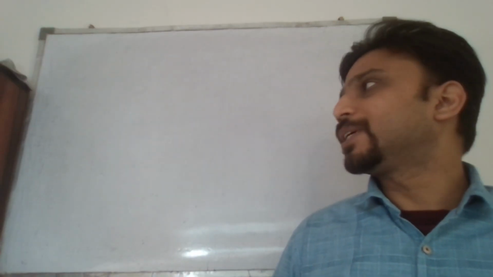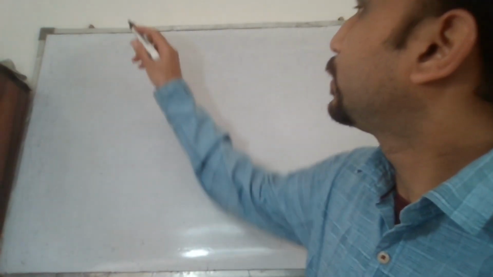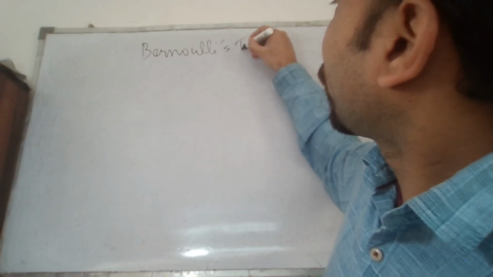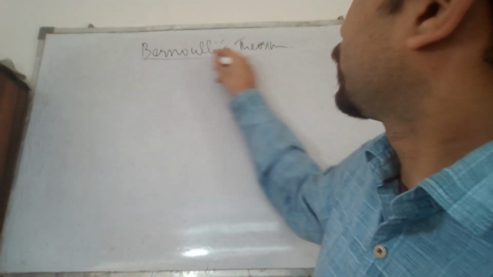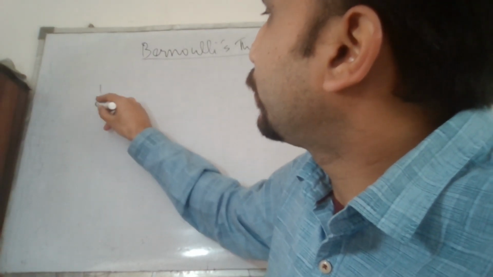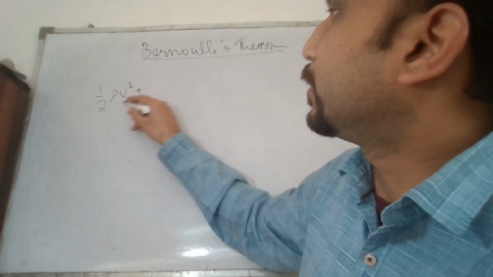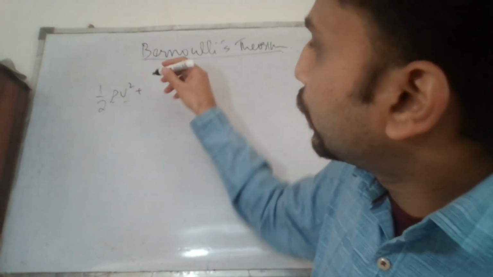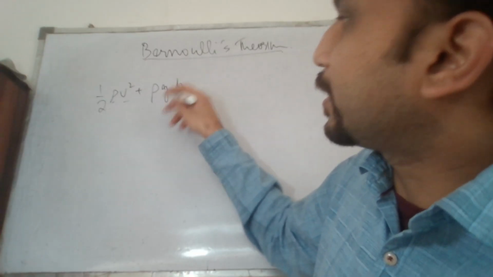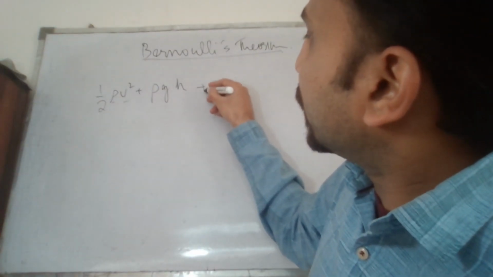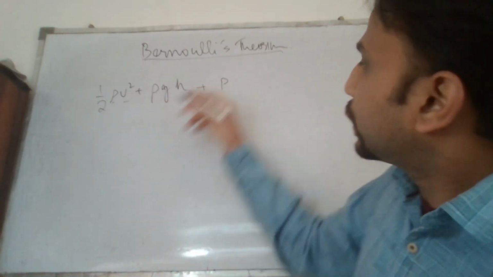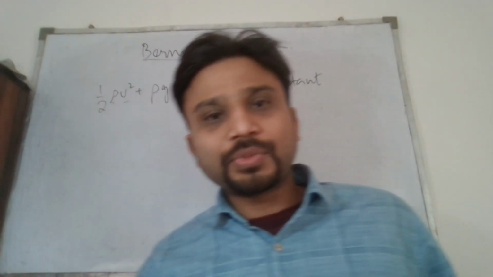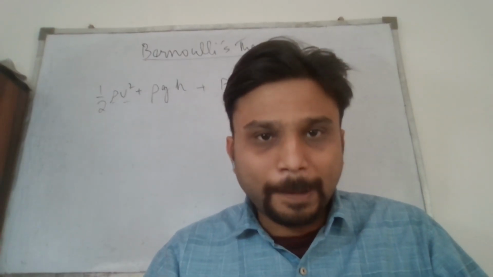Bernoulli's theorem in statement form is that half rho v square, that is the kinetic energy term of the fluid flow, plus rho g h, that is the potential energy term of the fluid flow, plus pressure is a constant throughout the streamline of the flow of a fluid.